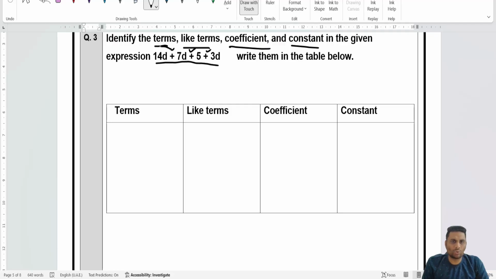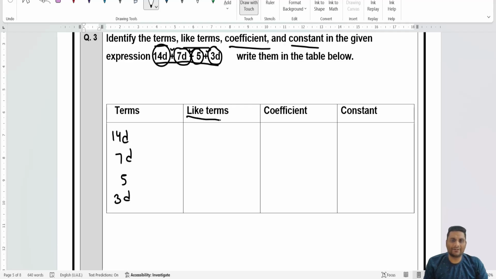Before the plus, this whole unit, we call it a term. This 7D is also a term. This 5 is also a term. This 3D is also a term. So these complete figures, we call them terms, which together make an expression. So what are the terms? 14D, 7D, 5 and 3D.